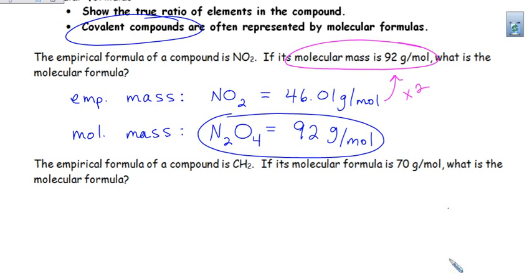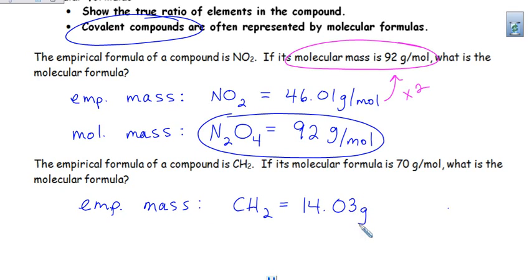Empirical formula is CH2. So if I just check the empirical mass in my calculator, I'd be looking at about CH2 equaling 14.03 grams. Carbon plus 2 hydrogen. However, the real molecular formula has a mass of 70 grams per mole.